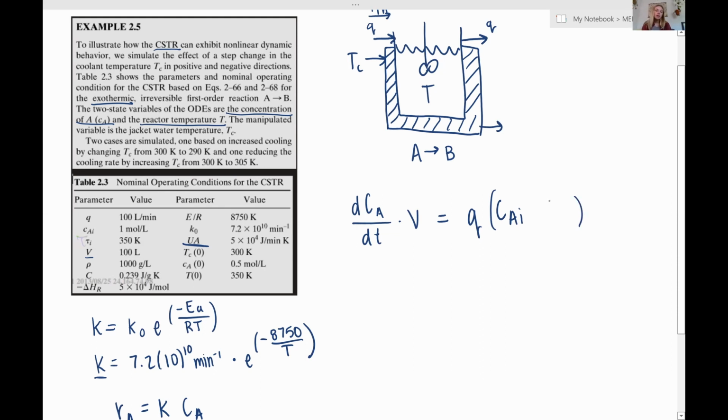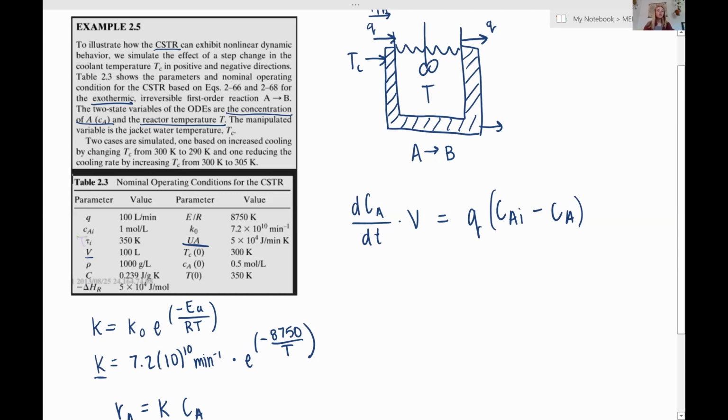Thinking about what's going out of our tank with regards to the concentration of A, if we have our continuous stirred tank reactor, CSTR, the concentration inside of our tank is going to be the same as the concentration of A leaving our tank. So that's just going to be minus our Ca.